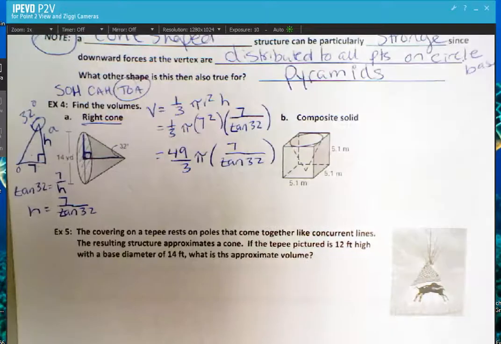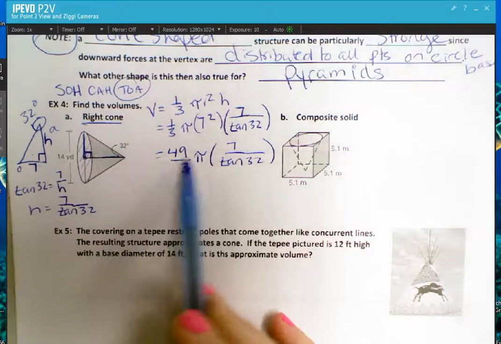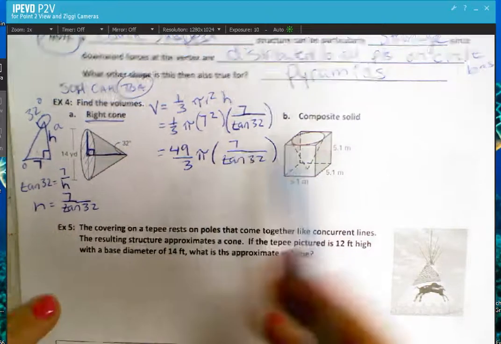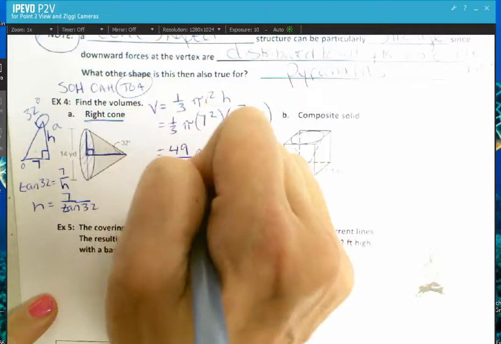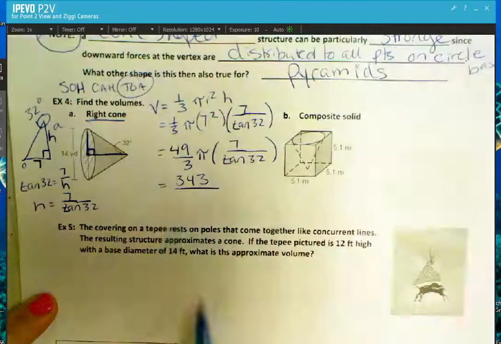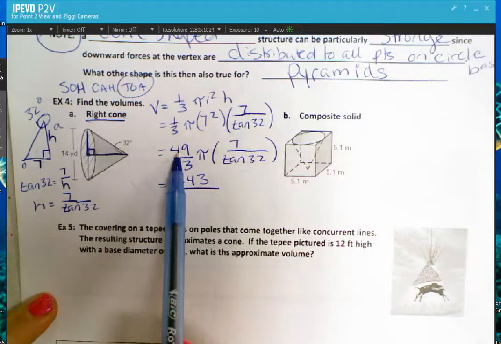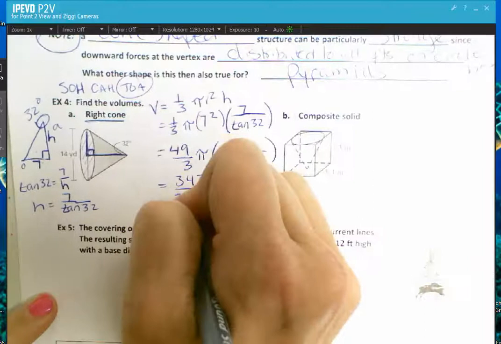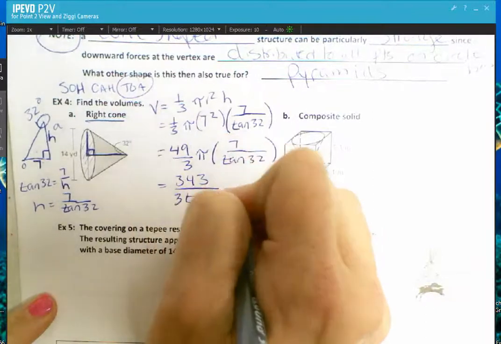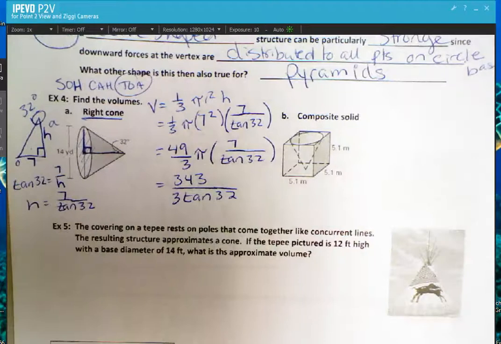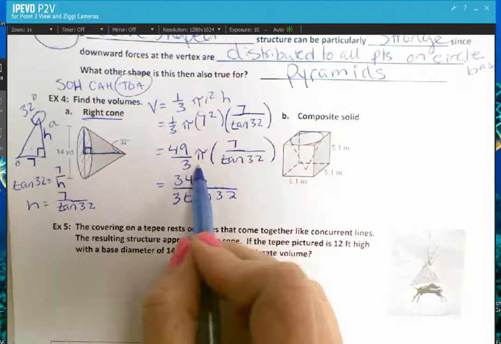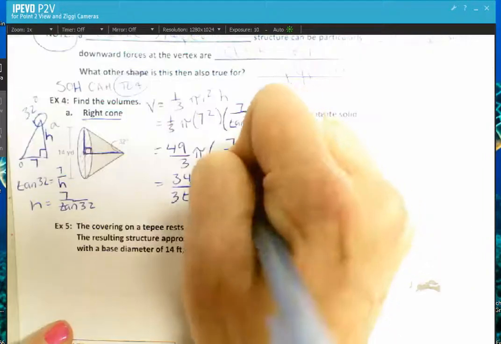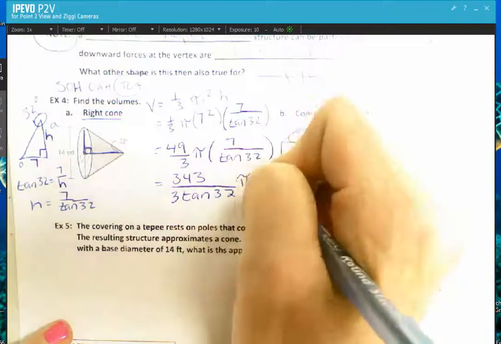I can still simplify across my numerator and my denominator. 7 times 49 is 343. My denominator is 3 times tan of 32. So I gotta leave it as 3 times tan of 32. And don't forget your pi. That is my exact answer.